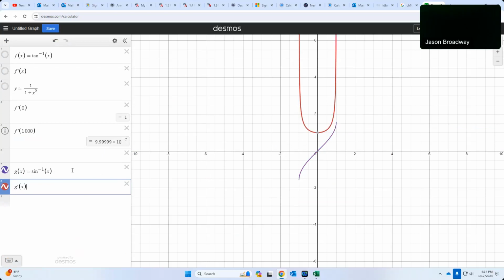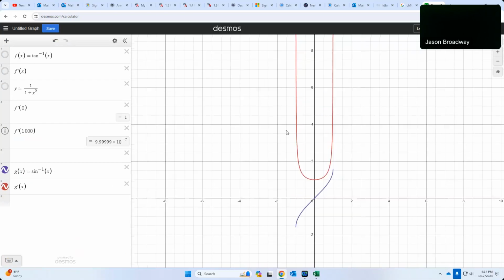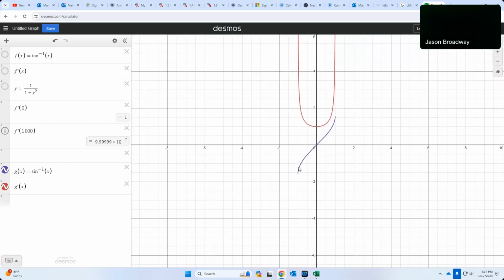So yeah, I was getting my arc tan conflated with my arc sine. Sorry about that. The slope gets infinitely negative as we go here, and infinitely positive as we go here. The slope at 0 appears to be equal to 1. That's where the red graph is.